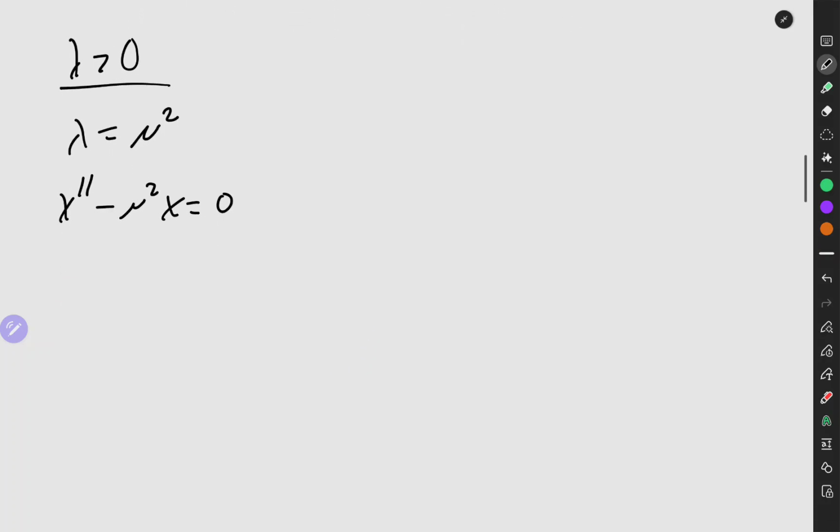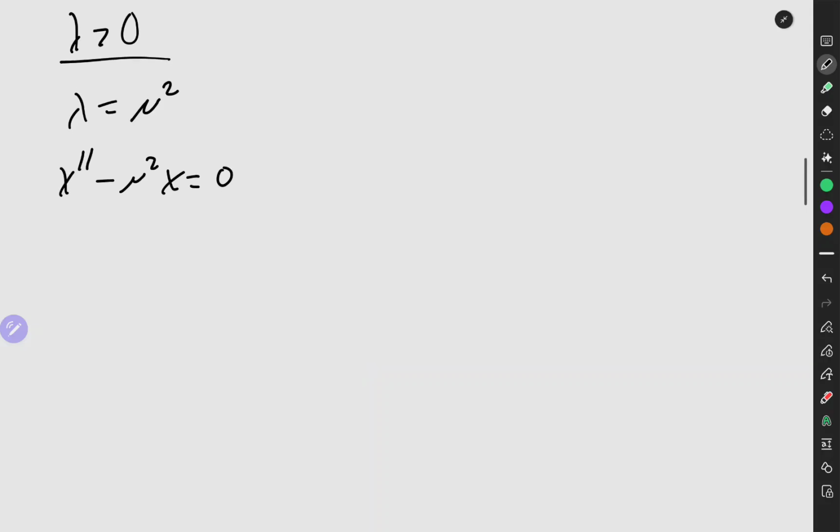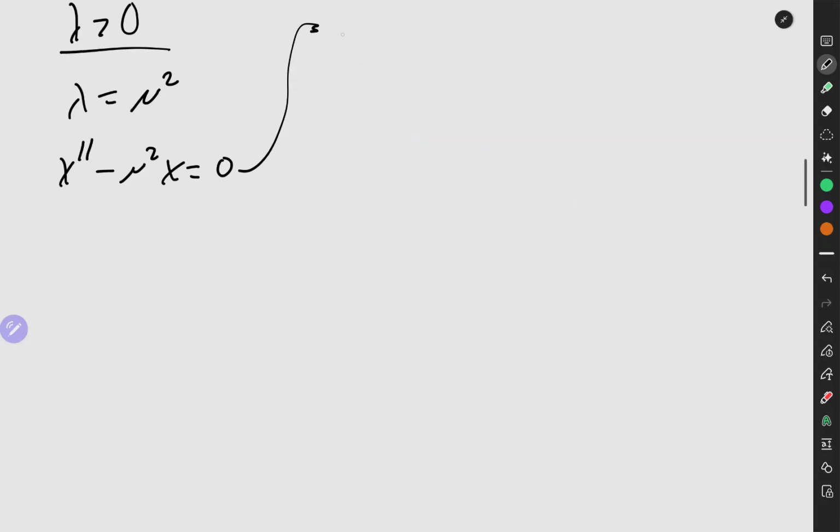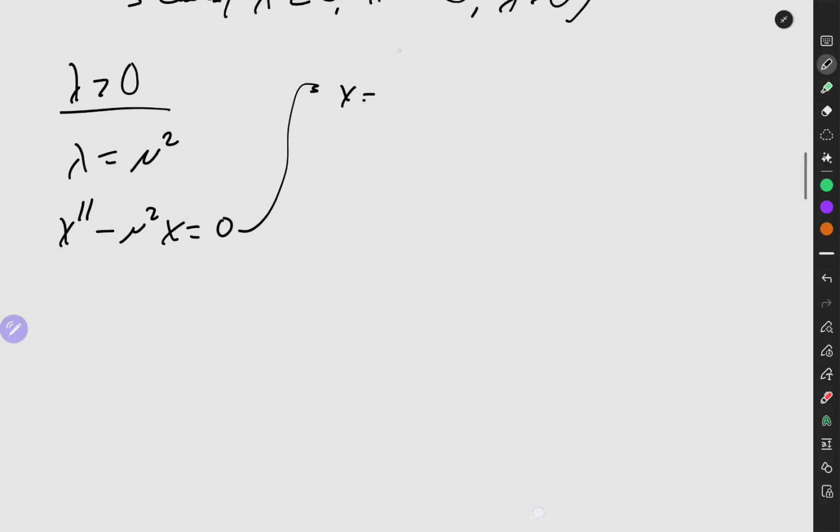So now, think back to ODEs. We just solve the characteristic equation, right? So let me go up here. Remember, to solve characteristic equations, you propose X equals e to the r little x. Now remember, big X is in terms of little x.